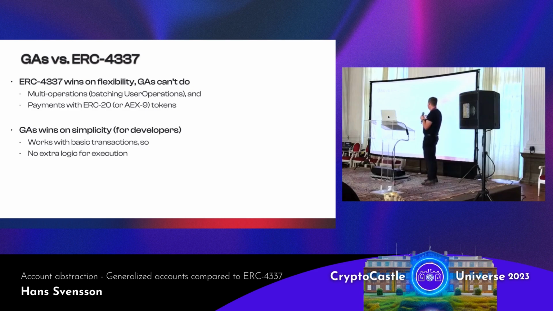Also, there is no way to pay with tokens in generalized accounts. I don't think there is in ERC-4337, to be fair, either, because you still have to make an allowance, and how do you pay for making the allowance? I don't see anyone solving that. On the other hand, generalized accounts win on simplicity for developers.